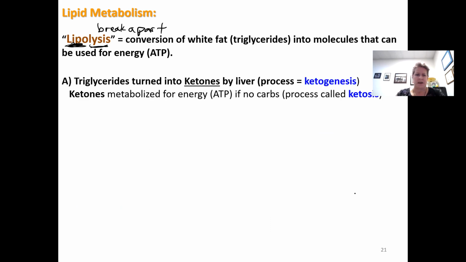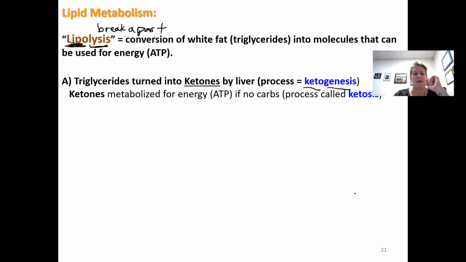The first step is the stored fat, triglycerides. That's the white fat that's under your skin. That can be turned into ketones, and the process by which the body turns triglycerides into ketones is called ketogenesis. Keto is for ketone, and genesis means to make. So making ketones is ketogenesis.